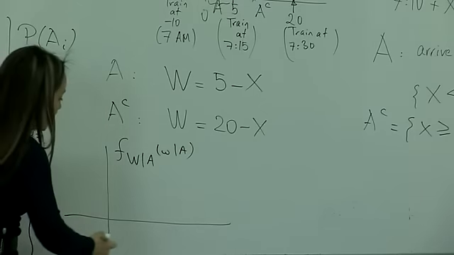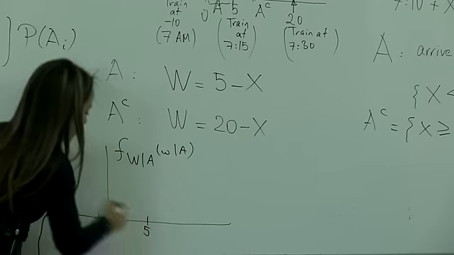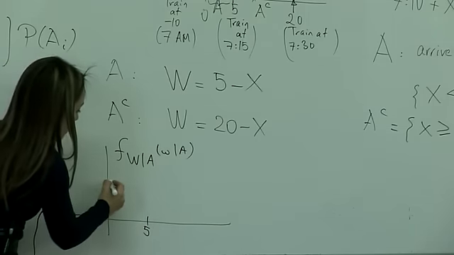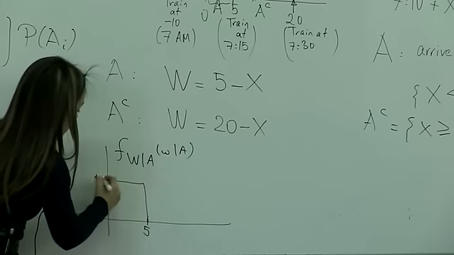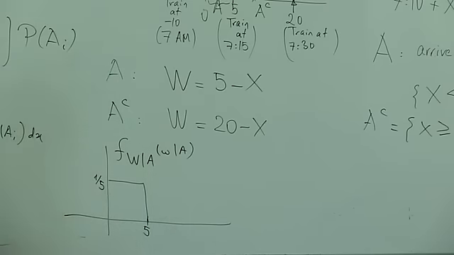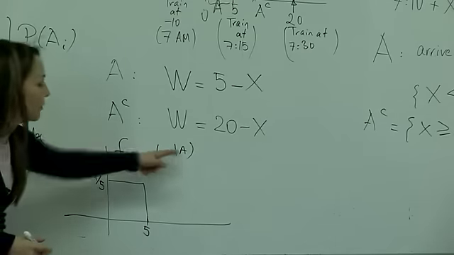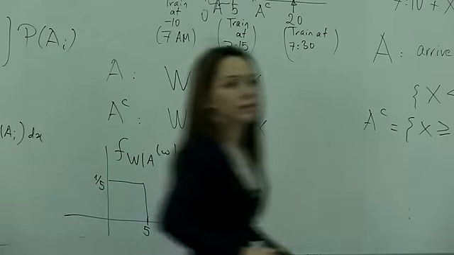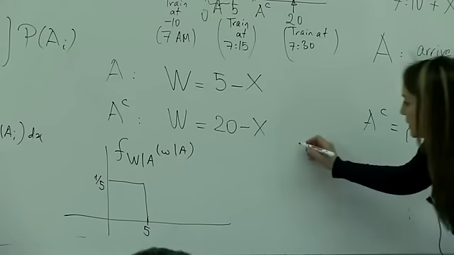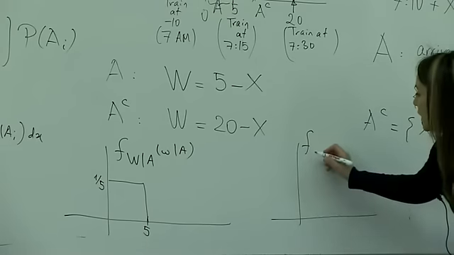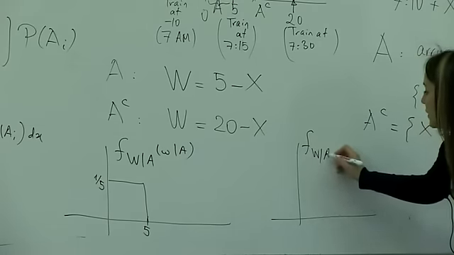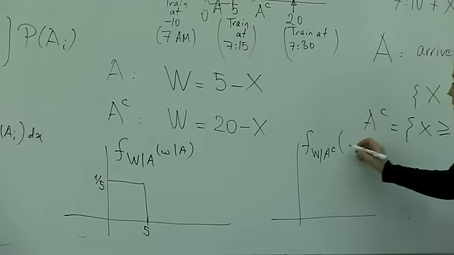But it's a very simple example, so I think it's worthwhile doing it this way. So this is the conditional PDF of my waiting time, given that I arrive before 7:15. And this is the conditional PDF of my waiting time, given that I arrive after 7:15.